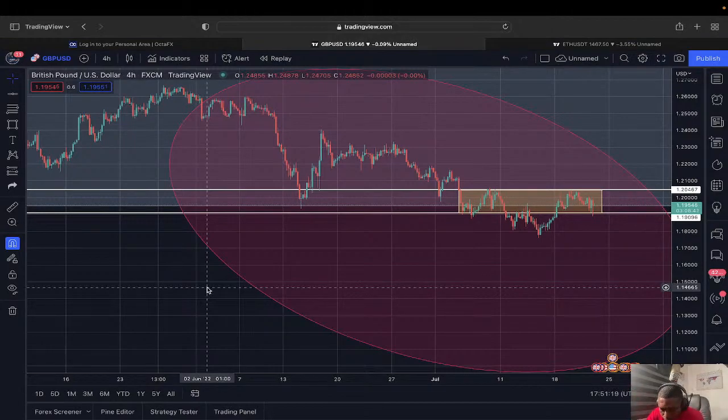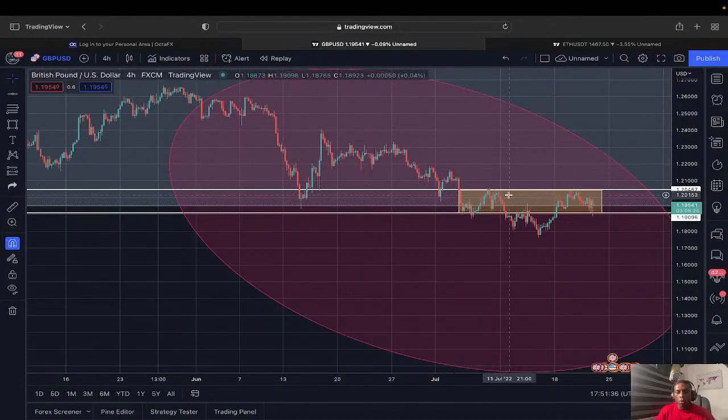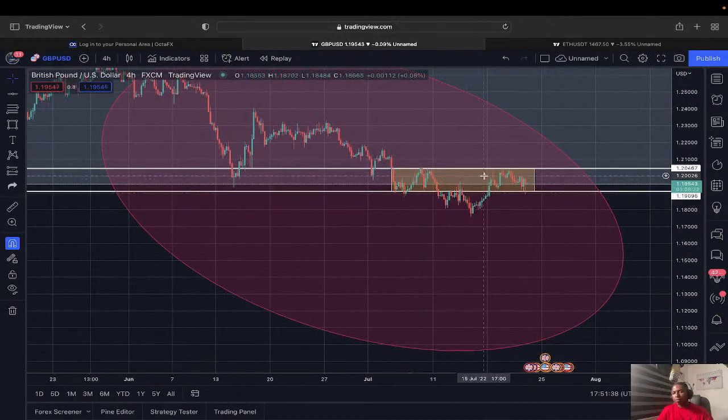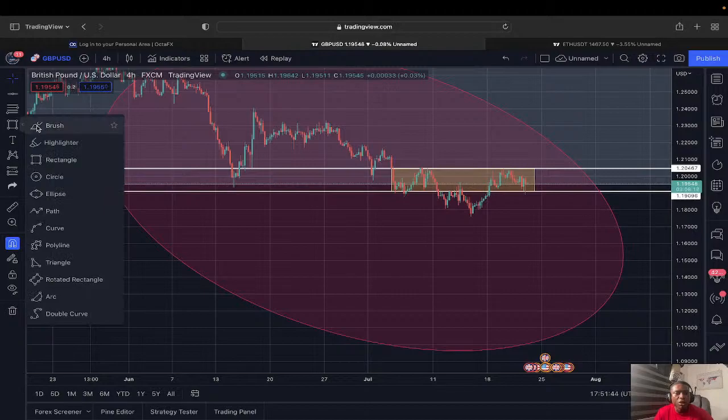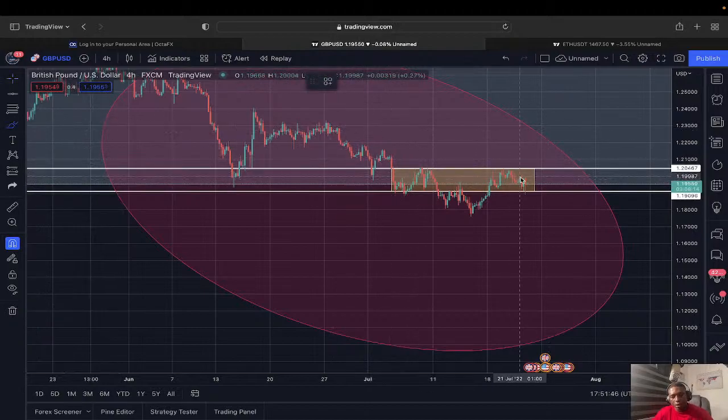Someone is saying, what will I desire on that now? Am I buying or selling? Like I said, the movement of the price here will determine if you are buying or selling. You can see that price is ranging, so I want us to be patient.